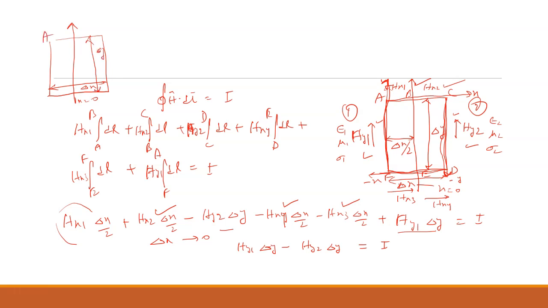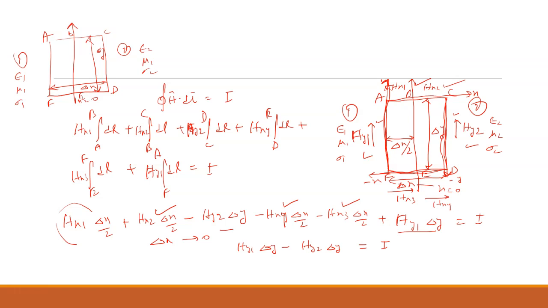Now A, B, C, D, E, F. This is medium 1, having characteristics epsilon 1, mu 1, sigma 1, and this is medium 2, having characteristics epsilon 2, mu 2, sigma 2.